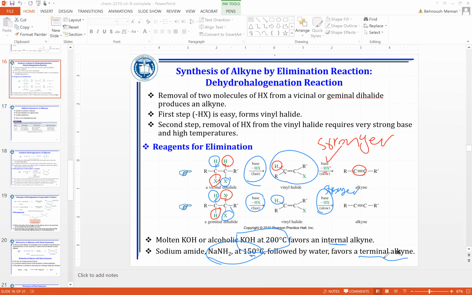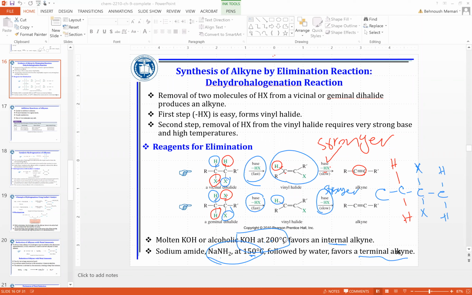That would be the case where, let's say you have a geminal dihalide, with hydrogens on the left and hydrogens on the right.